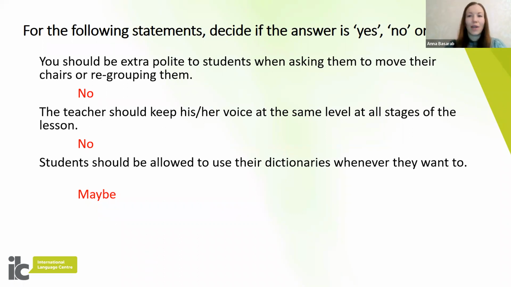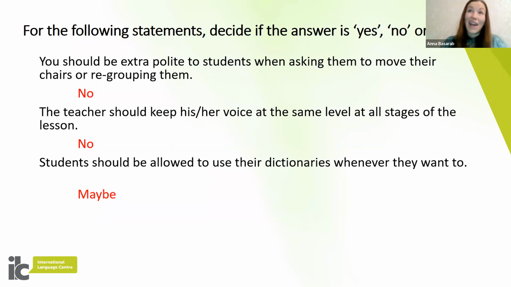Nowadays on their telephones they can have faster access to dictionaries. It's not this huge Cambridge dictionary where they have to flip the pages to find a word. Nowadays, it's easier. So at some point they can use their dictionaries whenever they need to. So I don't see anything bad.